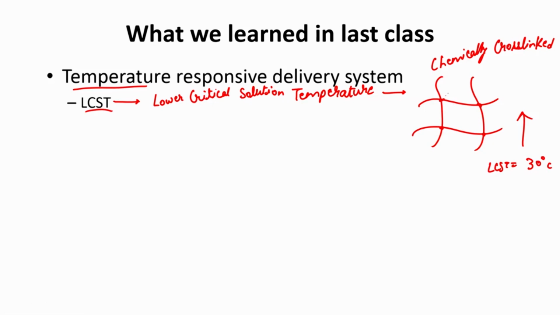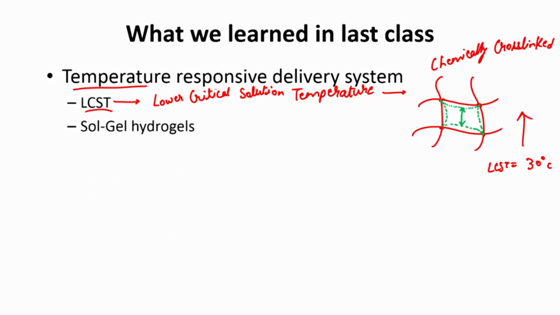So, these polymer chains will basically repel water and try to come close to each other. However, since they are cross linked at these points, they cannot leave those points. So, the pore size is going to shrink, and that is what the LCST does, and we discussed how this can be done.